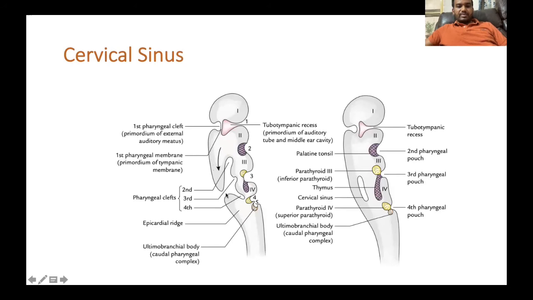As it fuses, the second, third, and fourth pharyngeal clefts or grooves are buried and form a sinus. This sinus is called the cervical sinus, and it disappears soon as the neck is developed.